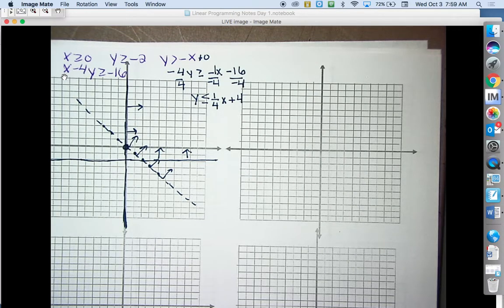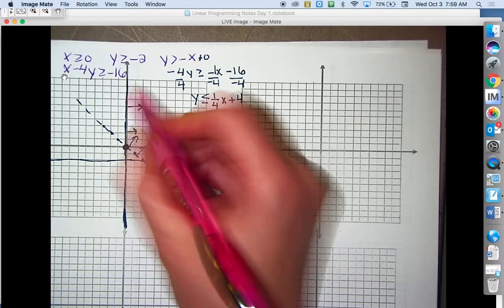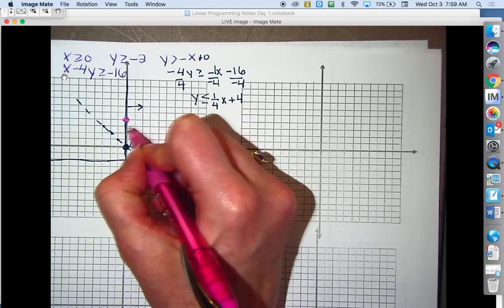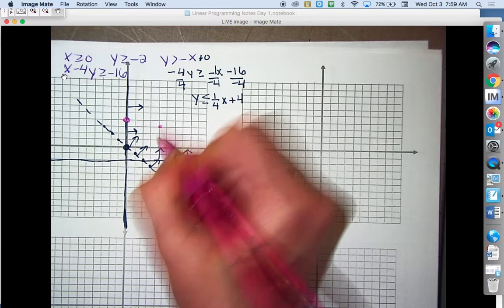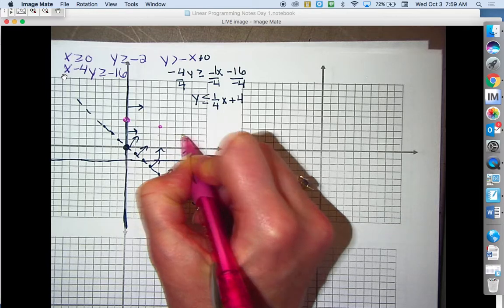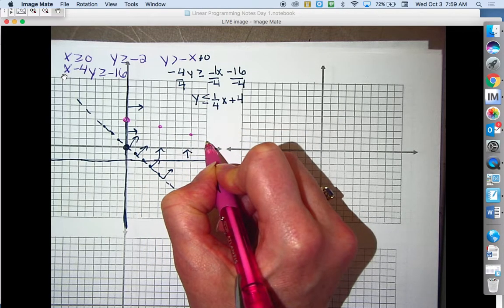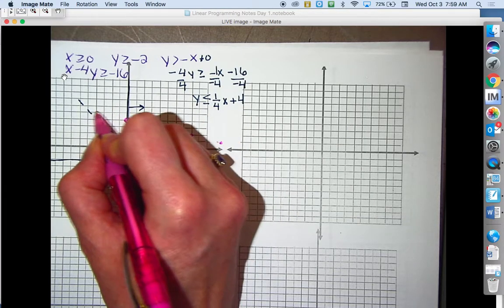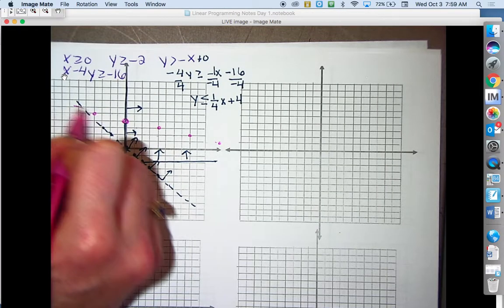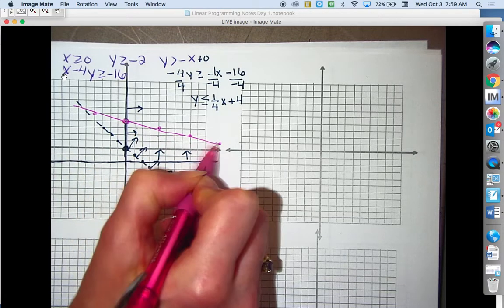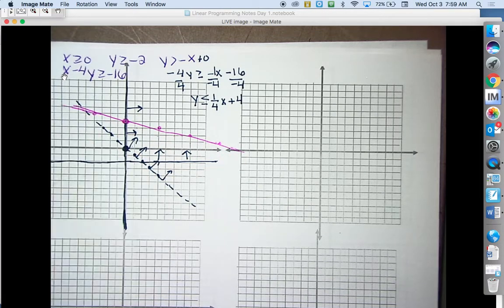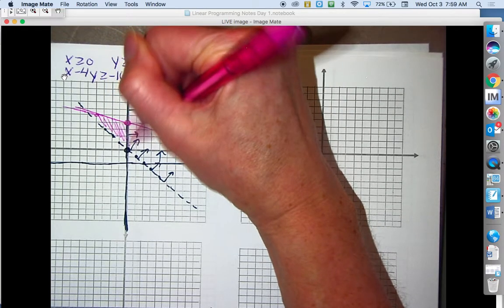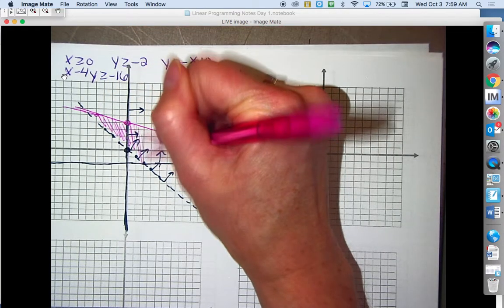So when we go to graph this, we're moving down 1 and right 4. And it says less than or equal to.